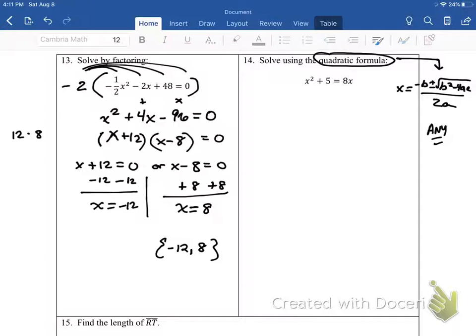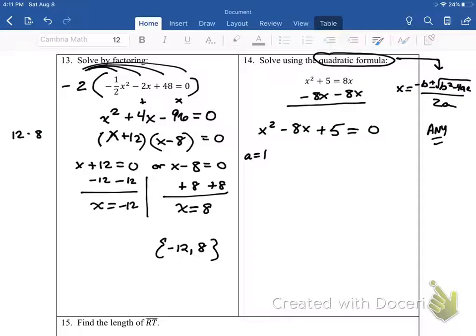So the first thing we need to do is put it in standard form. We talked about that before. That means the powers have to be in descending order. X squared minus 8x, that's x to the first, plus 5 equals 0, and 0 has to be on the other side. So that's standard form. Okay, now I'm going to plug the numbers into the formula. So a, which is in front of x squared, is a 1.